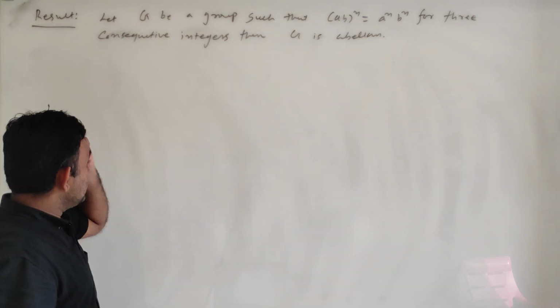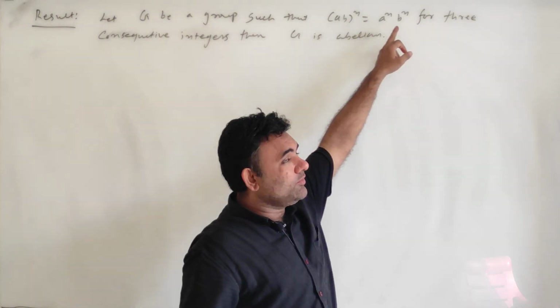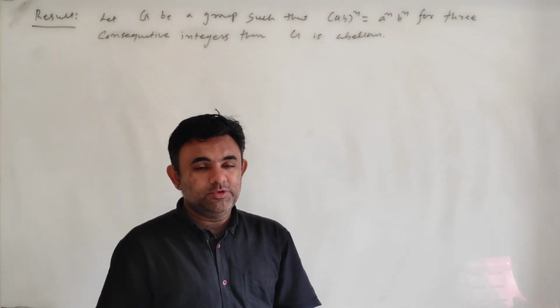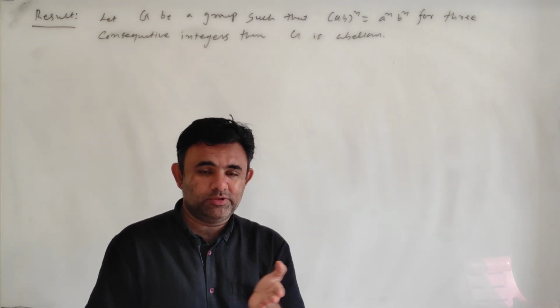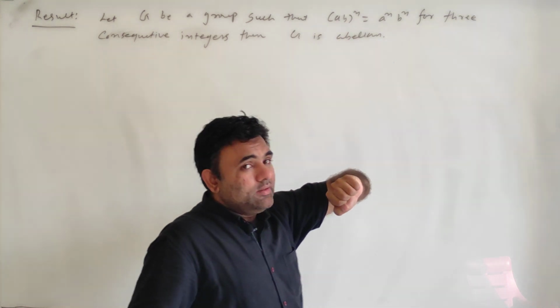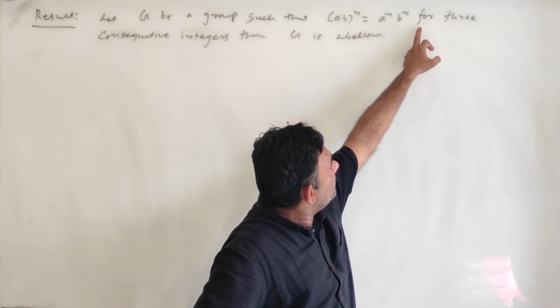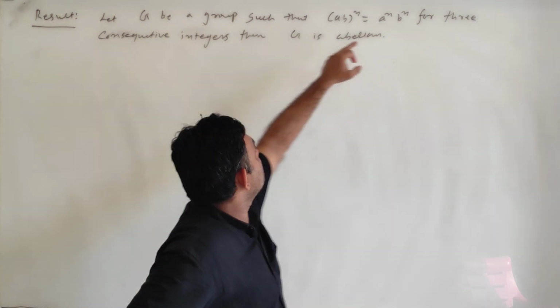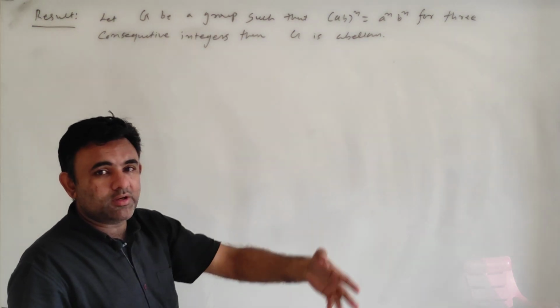So what this result says, suppose G is any group and (ab) raised to n equals a raised to n, b raised to n, means you can distribute the n power to both the elements from left to right in the same order. Okay, this power n can be distributed, but for what? For 3 consecutive integers. Consecutive means one after another.